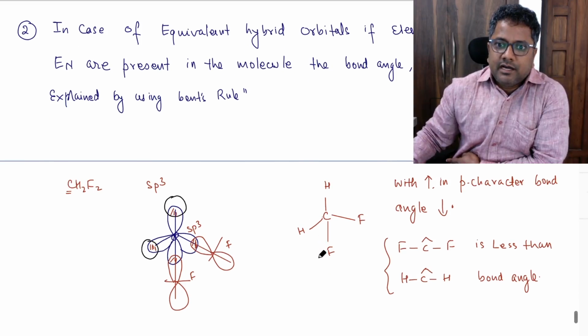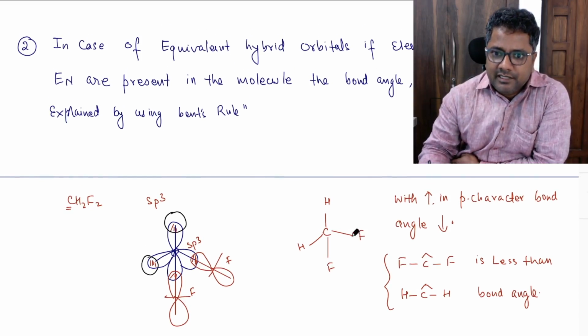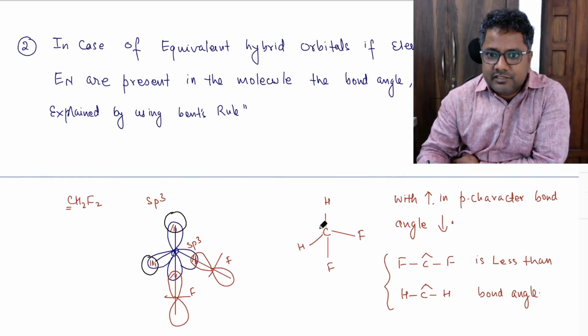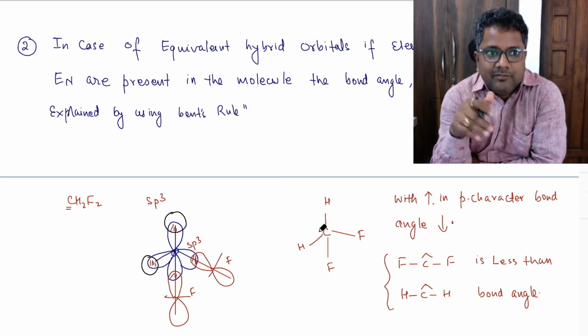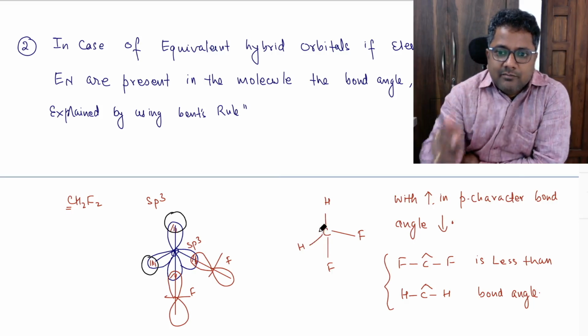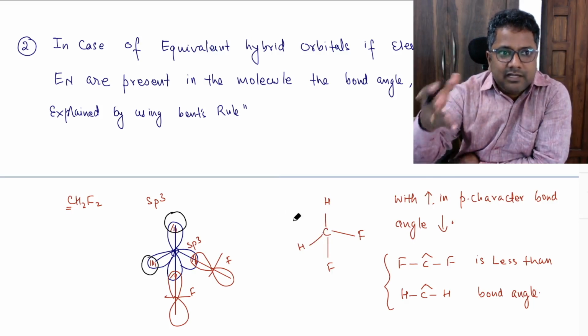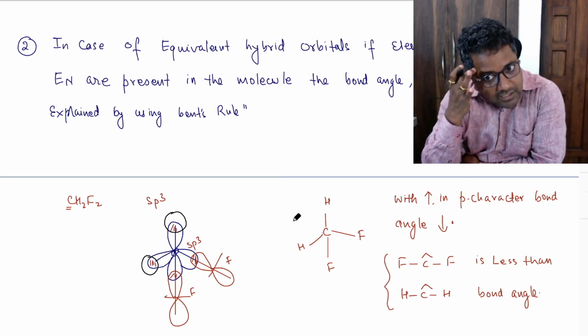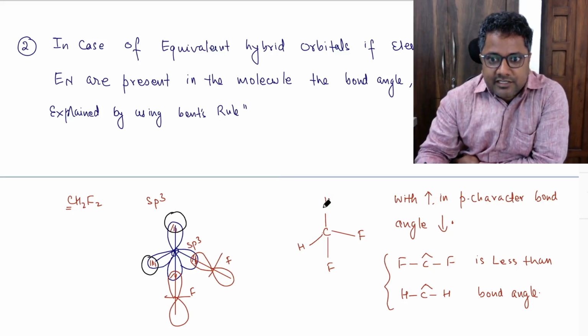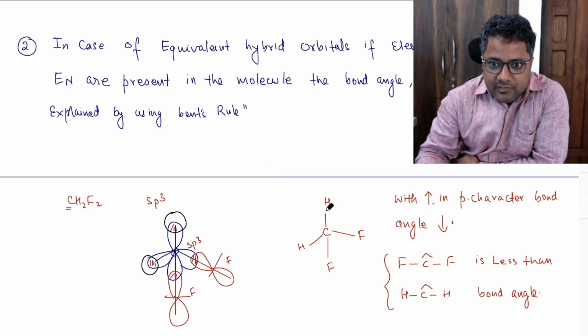So now you can say that here in these two carbon-fluorine bonds the p character increases. So obviously in these two the s character increases. I mean, p character decreases, because overall s and p character is conserved, right? So if it increases, then definitely this will be withdrawn from this bond.